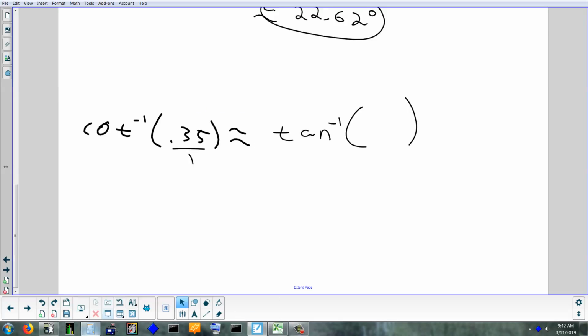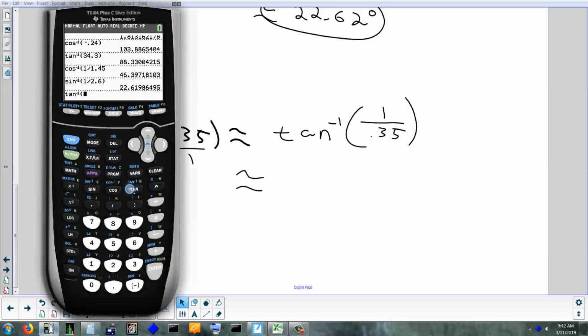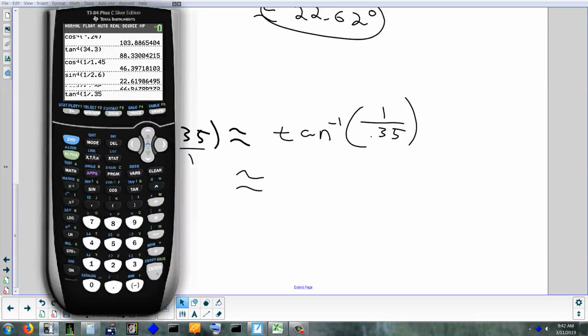Yep. So now, if you flip that, what would it look like? 1 over 0.35. That's what you put inside here, and that's what you type in. Inverse tangent, 1 over 0.35. So switch the trig function, then flip it.